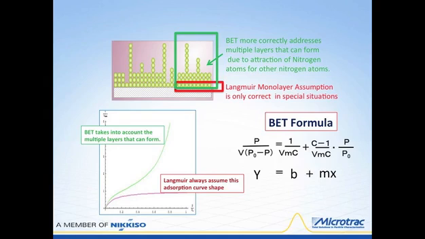The assumption that only one layer, a monolayer, of gas molecules exists on the surface was defined by Langmuir. After tremendous analysis by Brunauer, Emmett, and Teller, the formula started to include the phenomenon that gas molecules can attach themselves to other gas molecules, producing a layering effect.